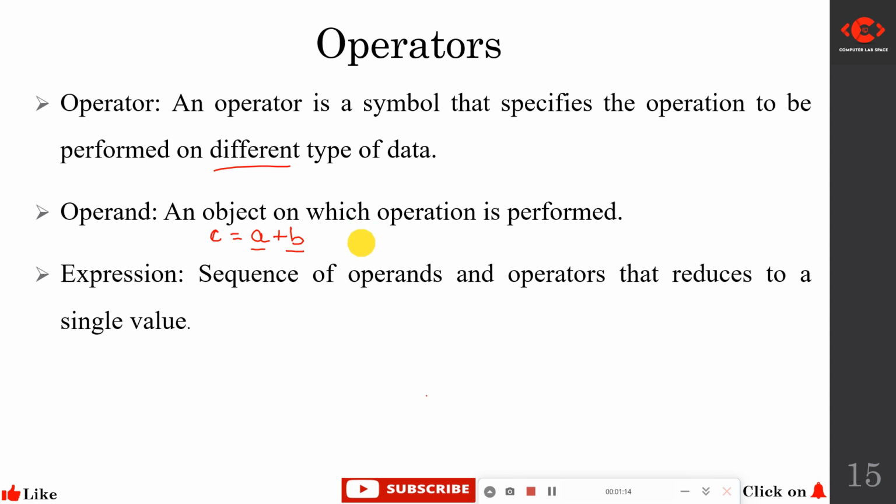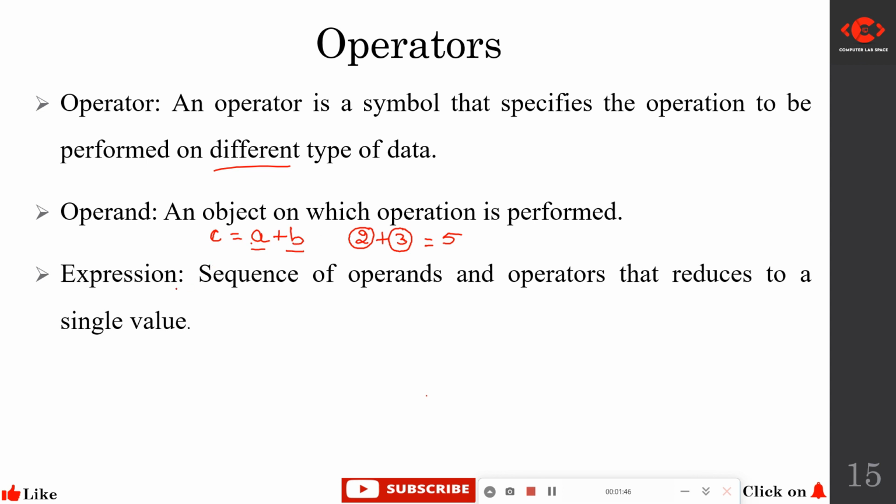For example, if I just write 2 plus 3, here 2 is one of the operands, and 3 is also one of the operands, where I have already assigned the values for A and B. So 2 plus 3 together gives us the value 5, right? So here on the operands A and B we have performed the addition operation. Is it clear? So plus is an operator, A and B are operands.